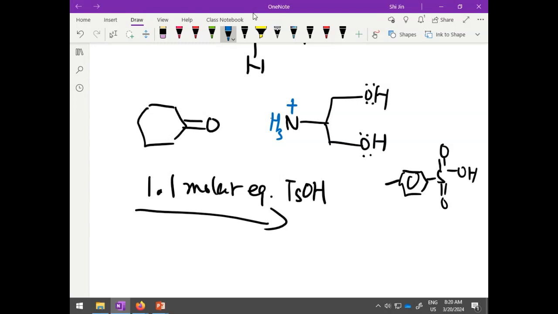So this reaction will lead to these two oxygens attacking the carbonyl carbon.